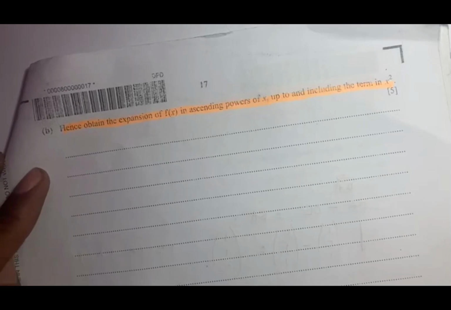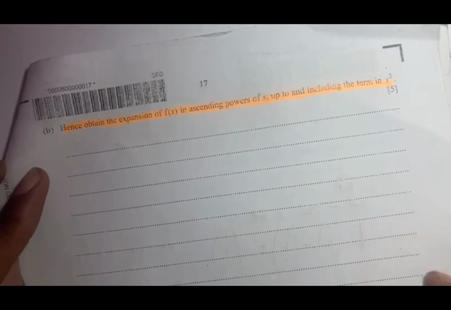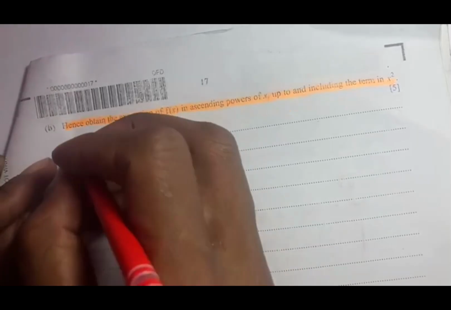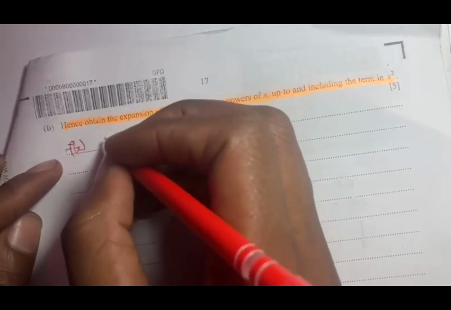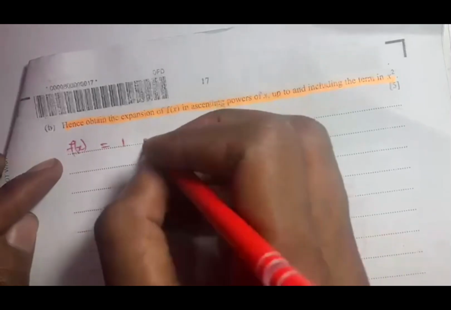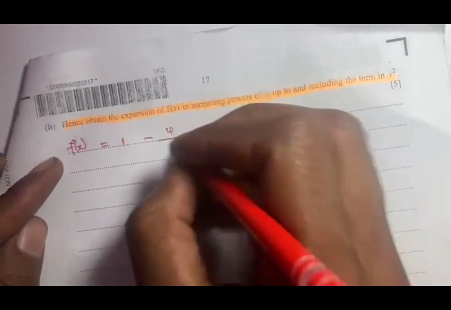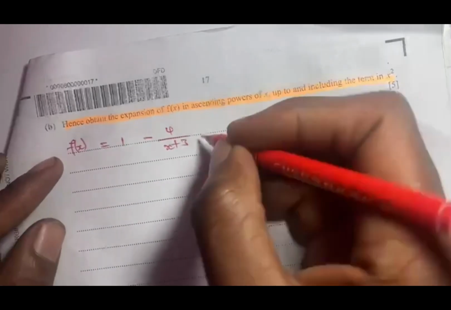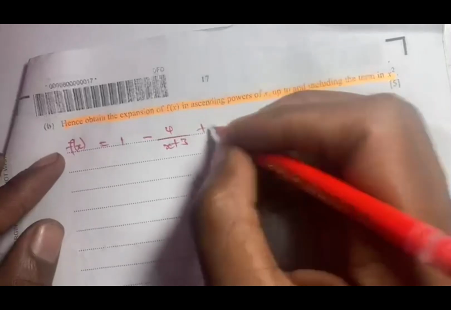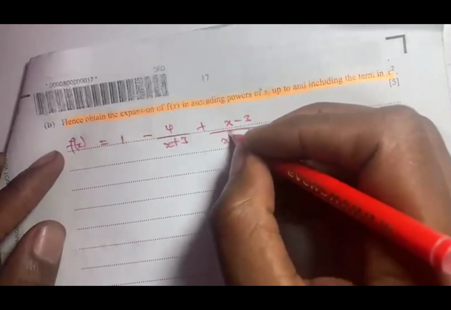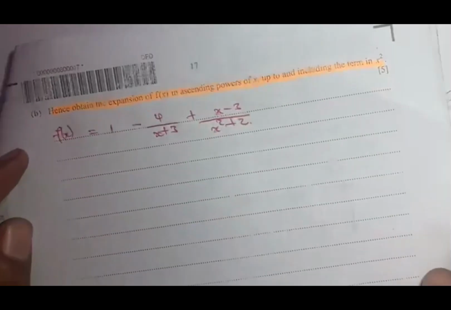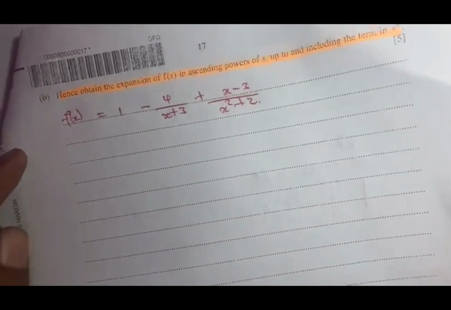So what I'm simply going to do is rewrite it. f of x is equivalent to 1 minus 4 over x plus 3 plus x minus 3 over x squared plus 2. So this is the term that I have.